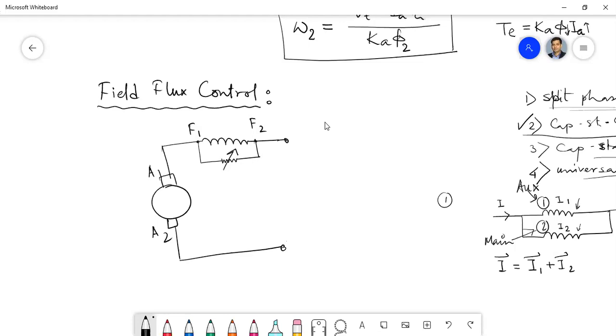Okay, so this type of resistance has a different name. In instruments, it is called the shunt, and in motor coil, it is called the diverter, because it diverts the current. The current which should flow in this path through the field, it diverts the current. So it is called the diverter.